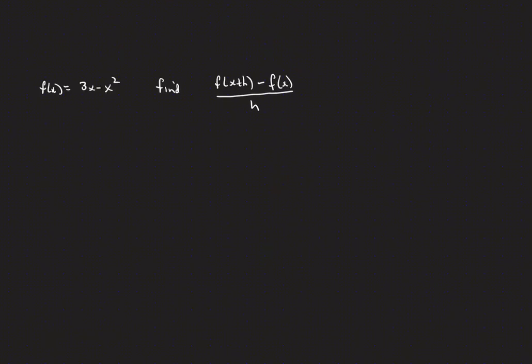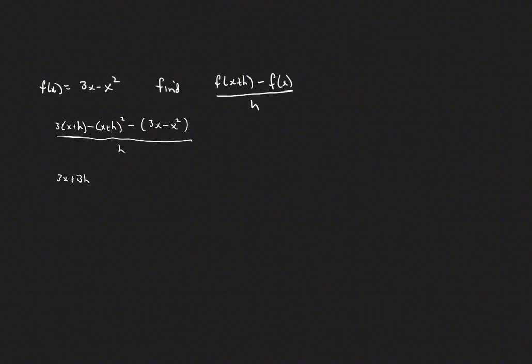Then our favorite problem, we haven't done this in a while, so we're going to take f of x plus h, that's going to be 3 times (x plus h) minus (x plus h) squared, minus f of x is going to be a minus, and here's our f of x, all over h. So distributing the 3 makes that 3x plus 3h.